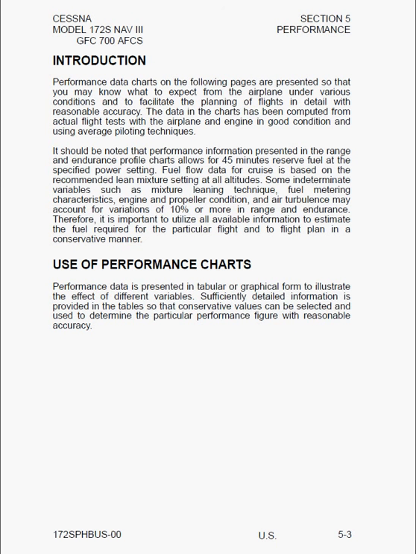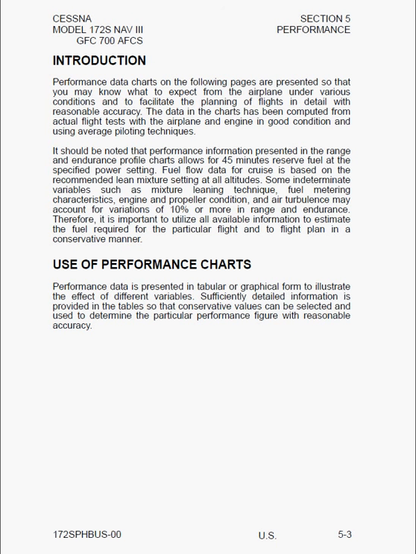Some intermediate variables, such as mixture leaning technique, fuel metering characteristics, engine and propeller condition, and air turbulence, may account for variations of 10% or more in the range and endurance. Therefore, it is important to utilize all available information to estimate the fuel required for the particular flight and to flight plan in a conservative manner.